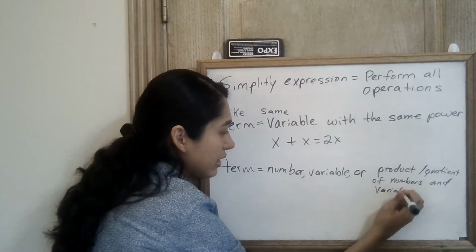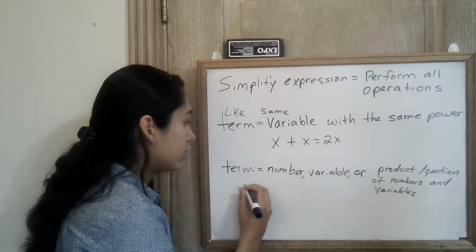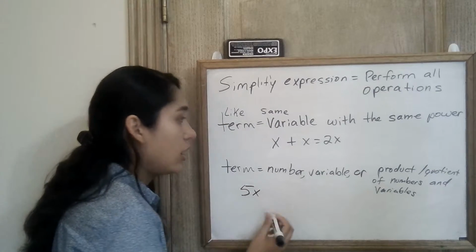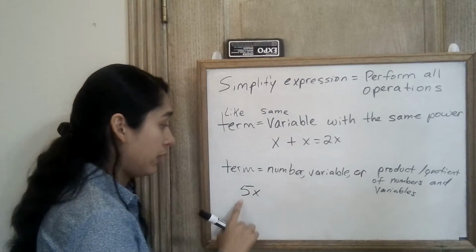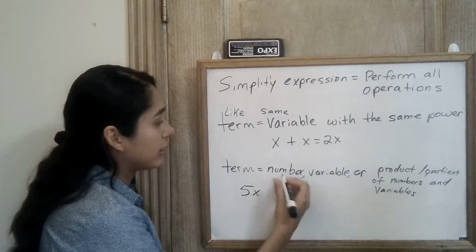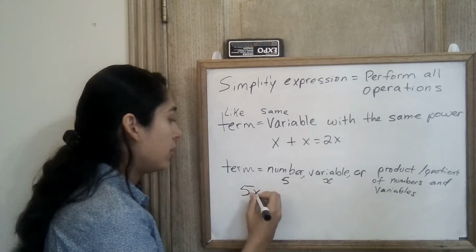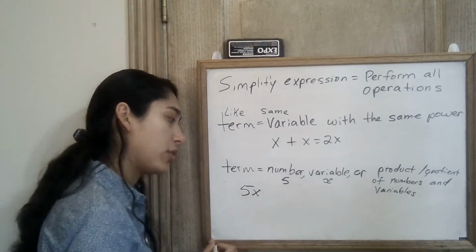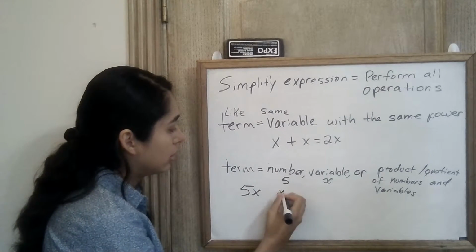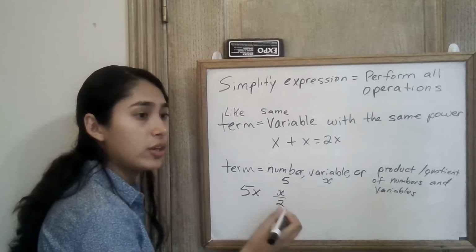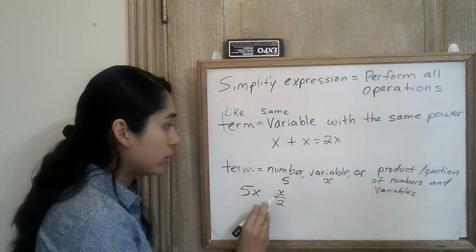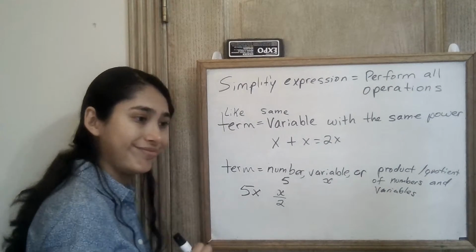So let me give you some examples. 5x. 5x is a product of a number and a variable. Whereas 5 is just a number, x is just a variable, but 5x is a product. Or if I have x divided by 2, that is a quotient of a number and a variable.